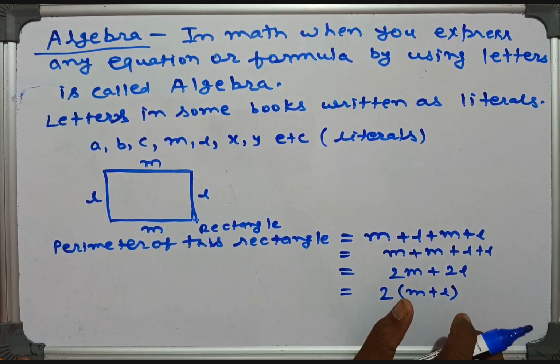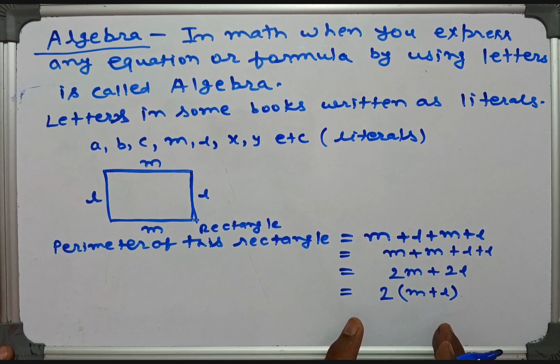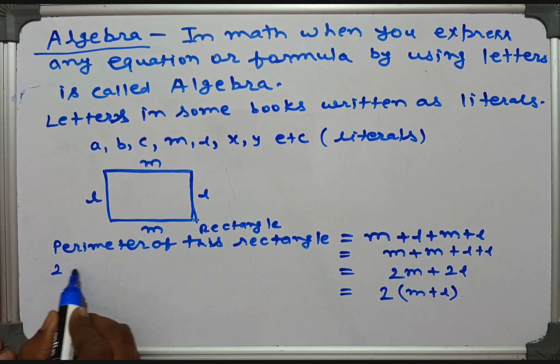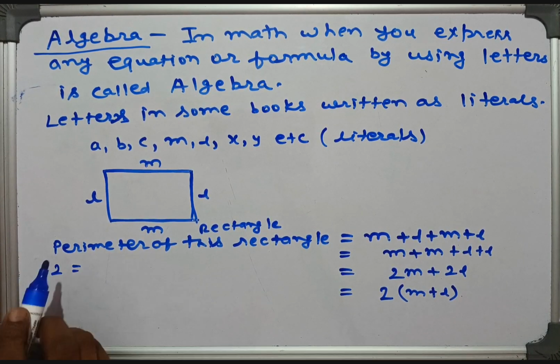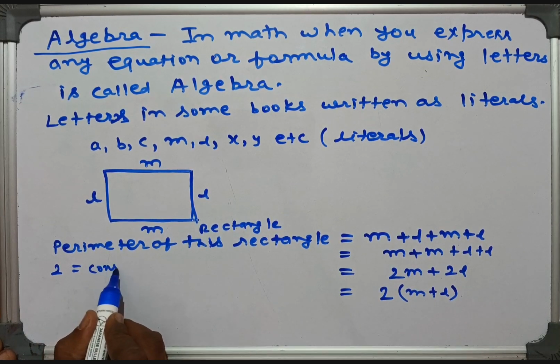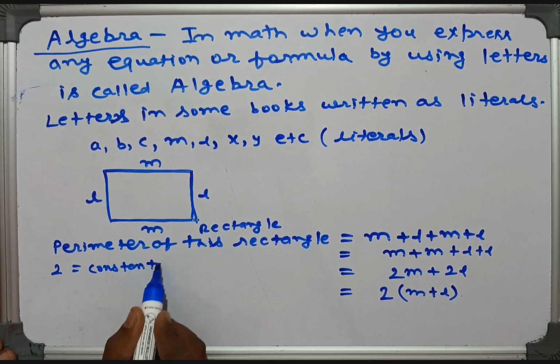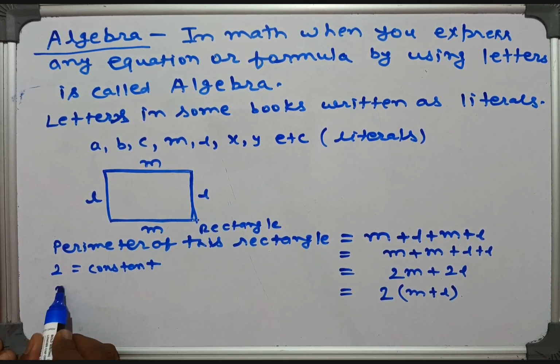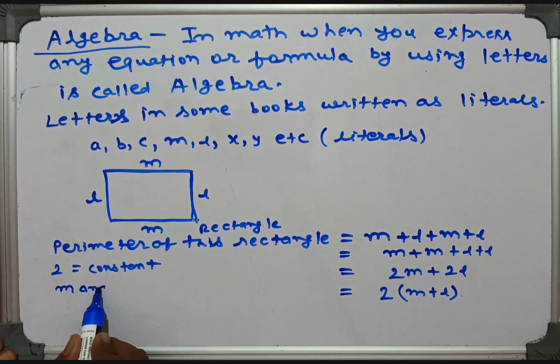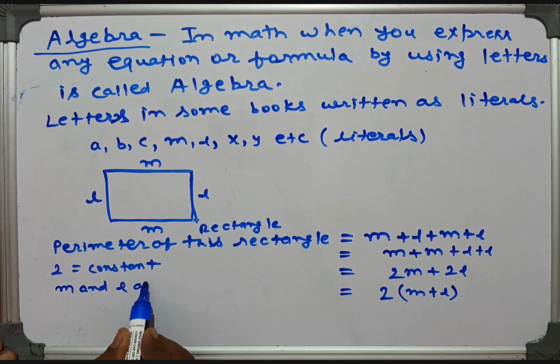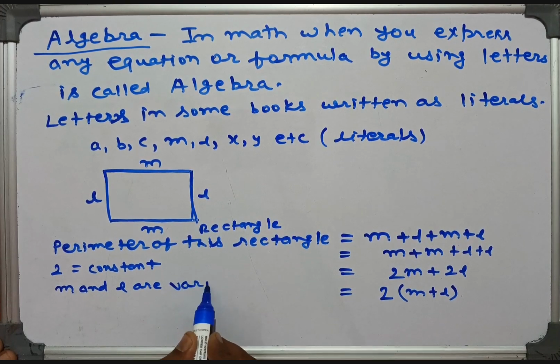So this one is a formula to calculate the perimeter of a rectangle. Now see here, 2 is known as a constant term, and M and L are variable terms.